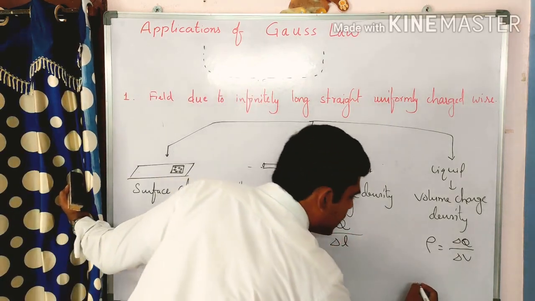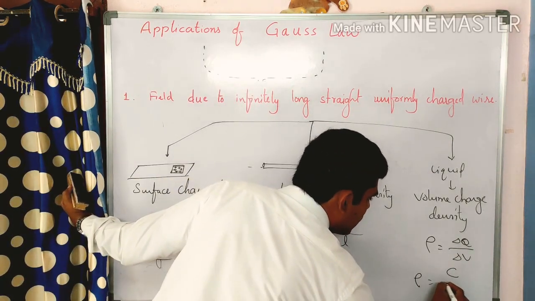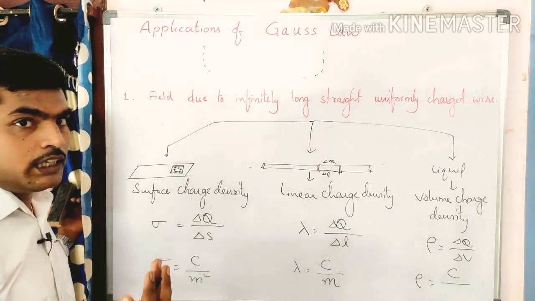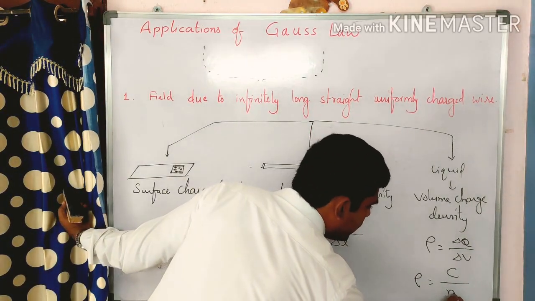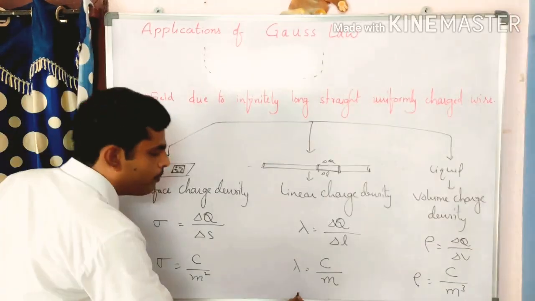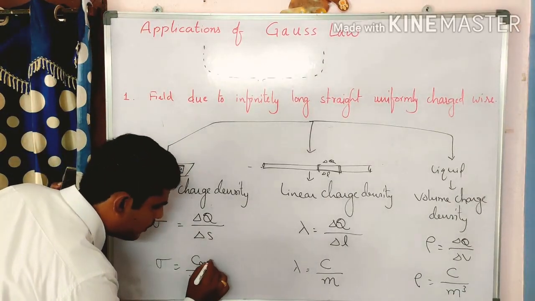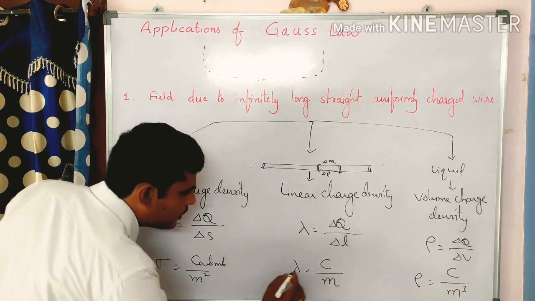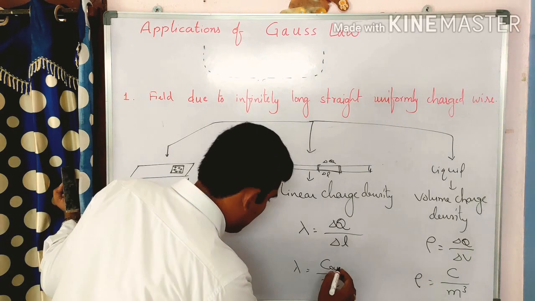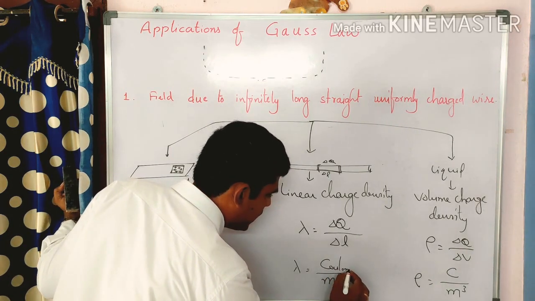For volume charge density, rho, the unit is coulomb per volume. Volume is three-dimensional, meter into meter into meter, so coulomb per meter cube. Please write coulomb completely, otherwise afterwards you may get confused about whether it is coulomb per meter or not.